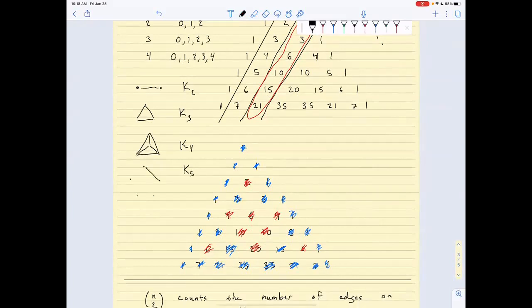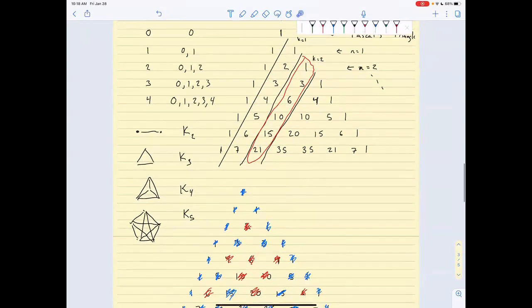You can draw this one. If we look at K2, there's only one edge. K3, 1, 2, 3, we have 3 edges. K4, you can count 1, 2, 3, 4, 5, 6. And then K5, you can see that there's 5 on the perimeter, and then there's 5 in the star. You get 10 edges.